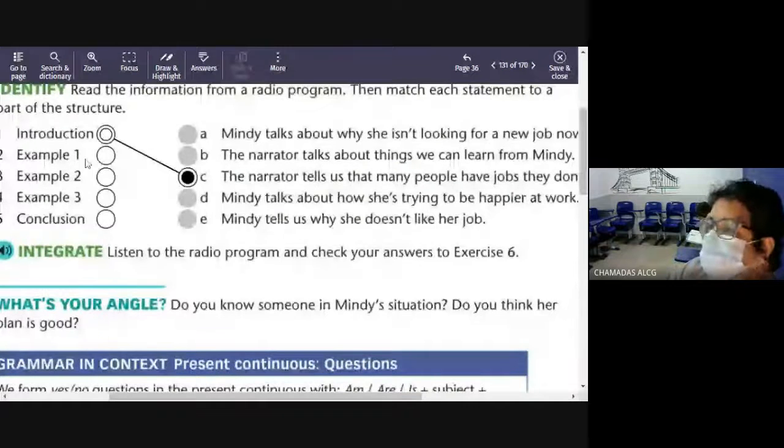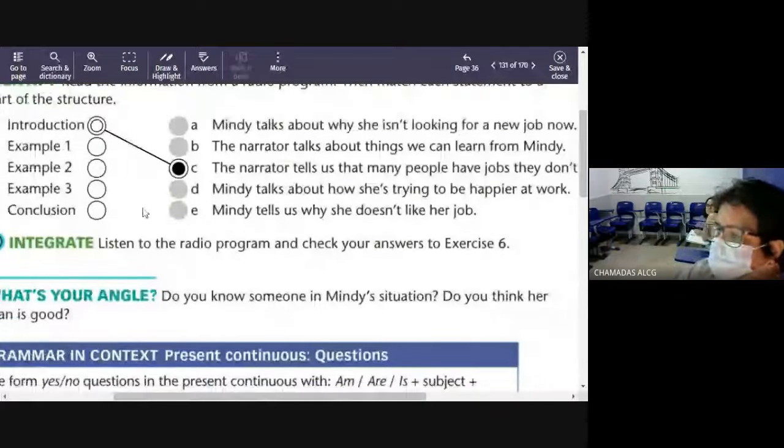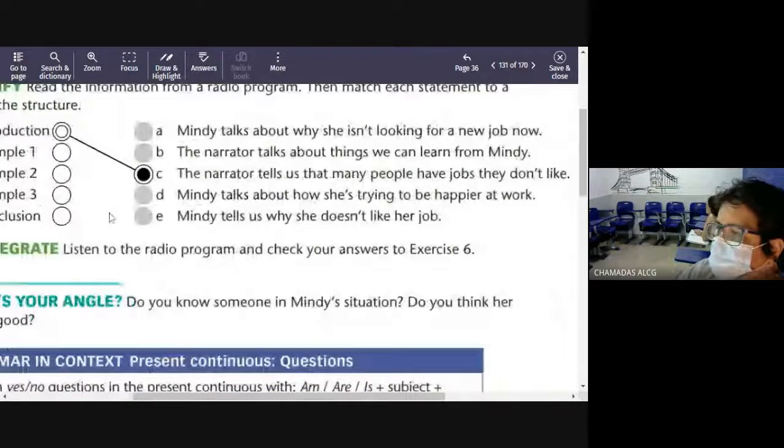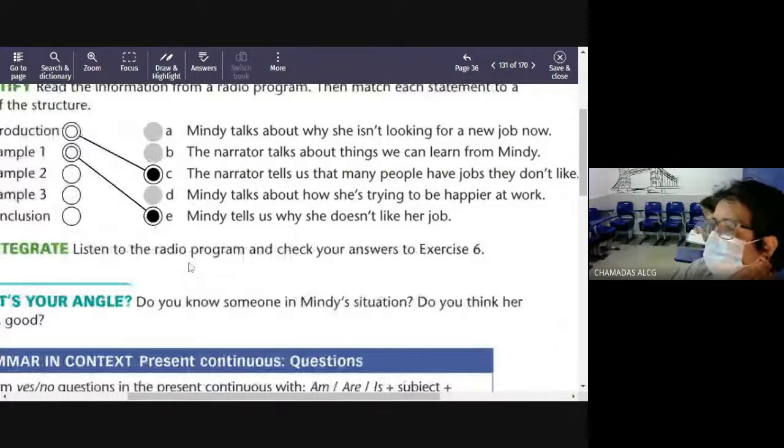Now, let's see the first example. So I would say then E. This is one example. Do you think it's the first one?